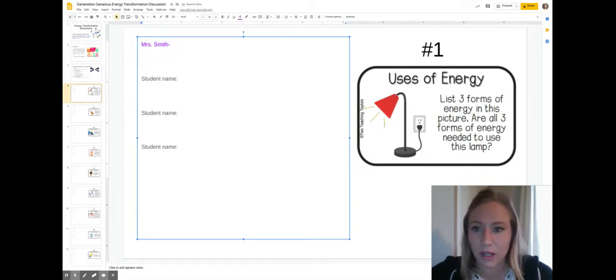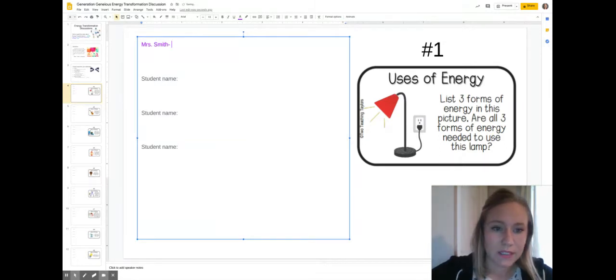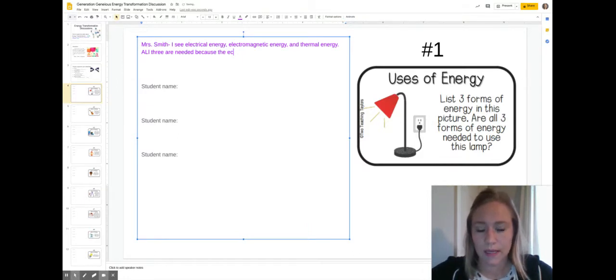It's my favorite color. So Mrs. Smith says, I see electrical energy, electromagnetic energy, and thermal energy. All 3 are needed because the electrical powers the lamp.